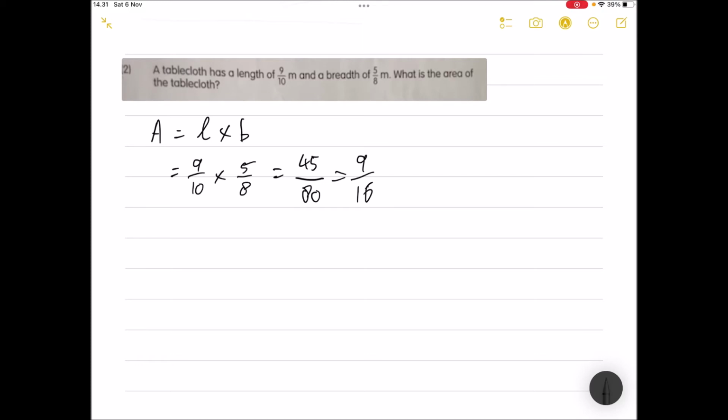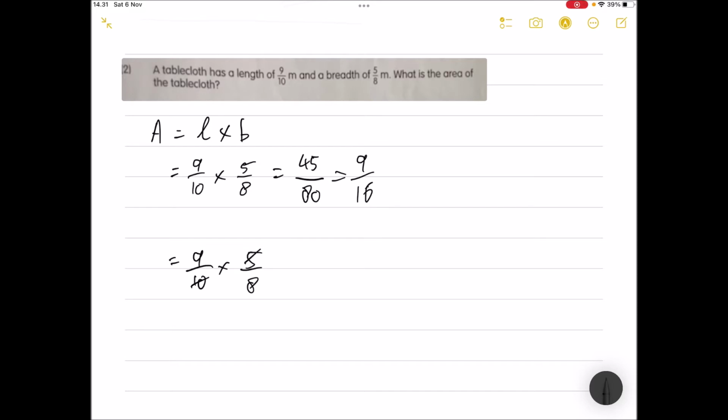Anyway, if you notice, since we can simplify it, it means we actually can cancel each other out, which I did not realize in the first place. I'm so sorry. Let's try it again. We can cancel 5 and 10 together. We divide them by the same number.